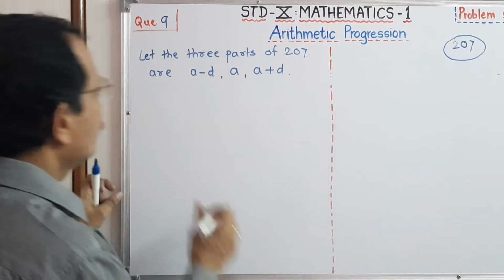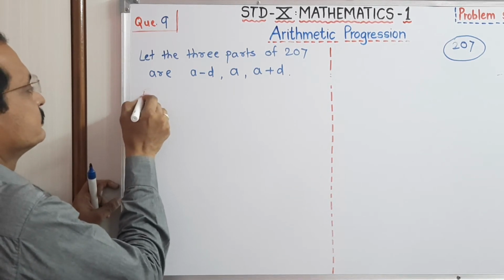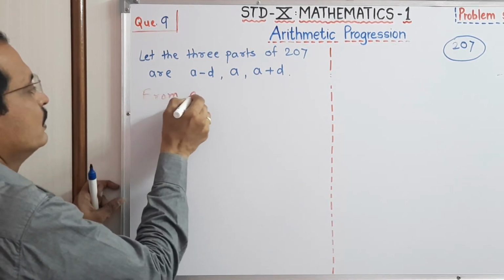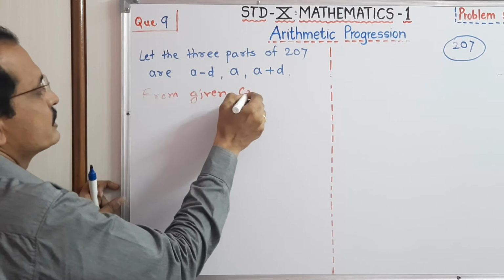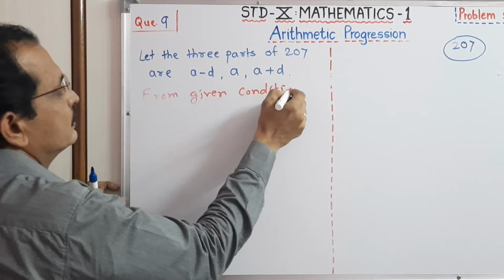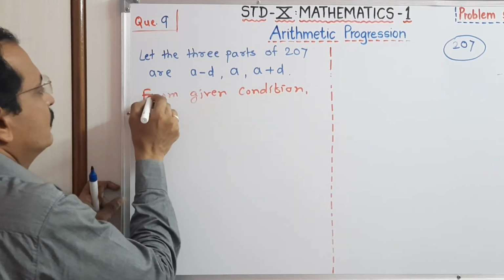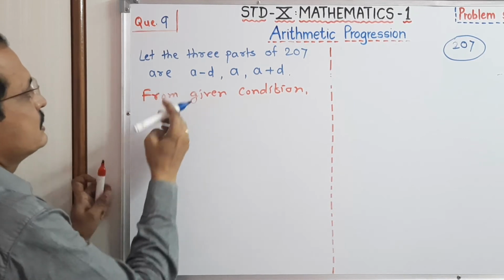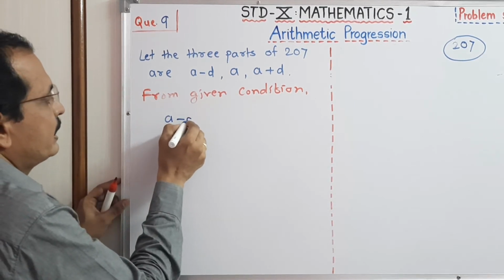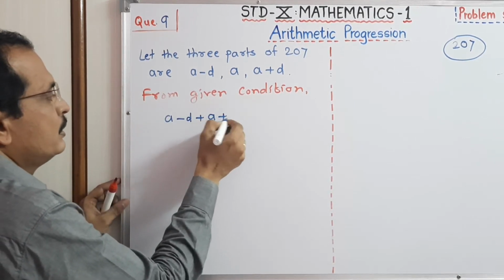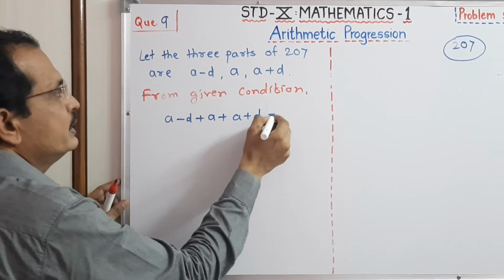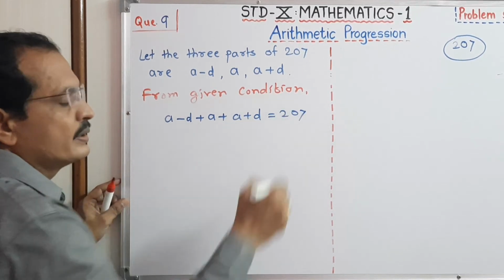Now from the first given condition, that is the sum, A - D + A + A + D is equal to 207.